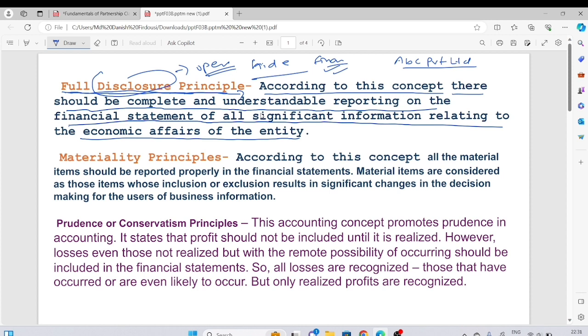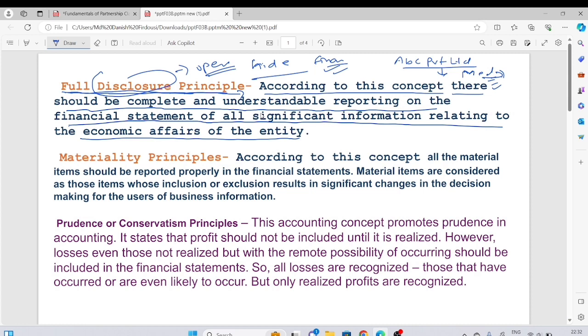Now, the question is what type of information we should hide. Suppose your company is producing medicine, and your medicine is very popular in the market. So, you should not disclose the formula or the chemical reactions, whatever you are doing there.